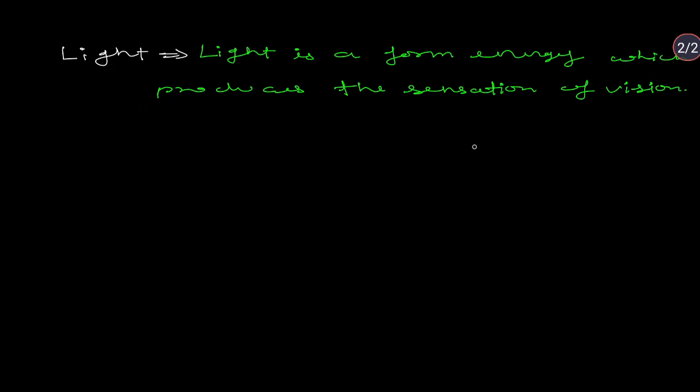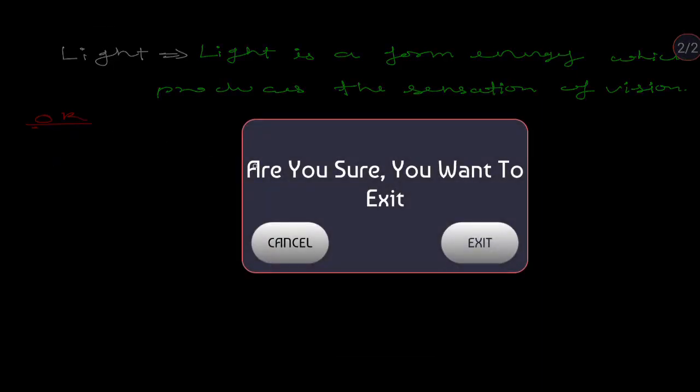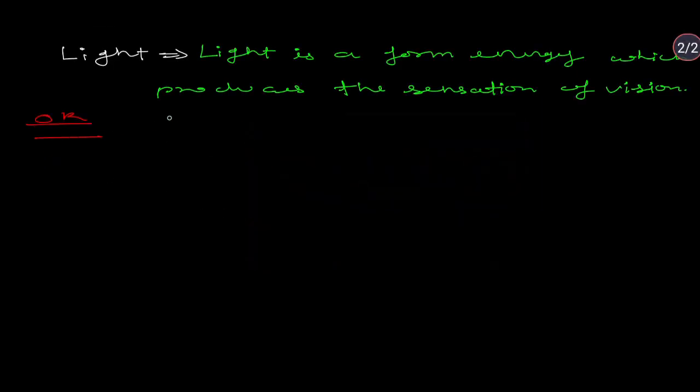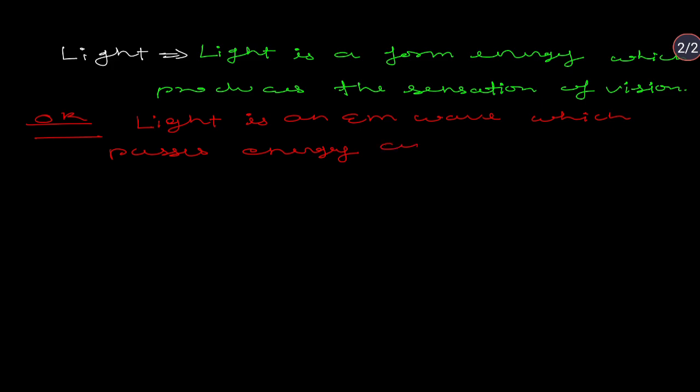In another way we also define light. Light is an electromagnetic wave, EM wave means electromagnetic wave, which passes energy and produces the sensation of vision.